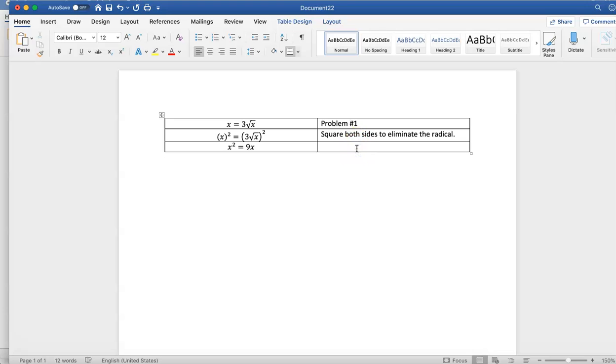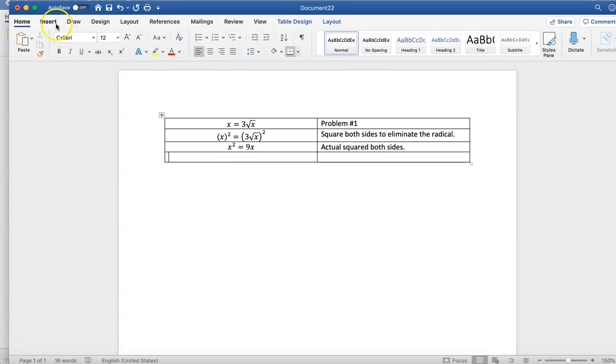Okay, so you actually squared both sides. Okay, now if I need another row, which I do, I click right outside and I return.